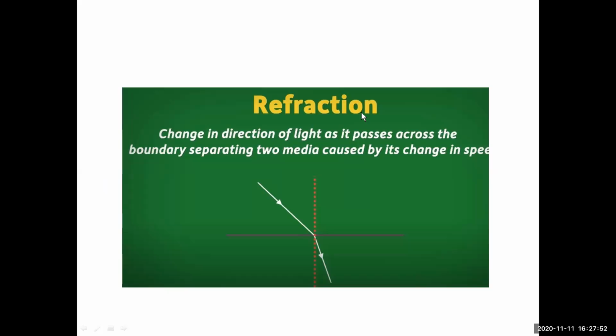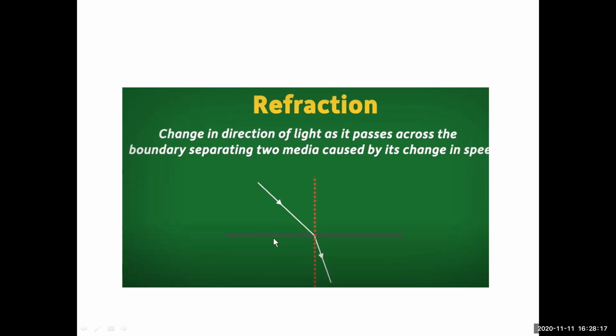Now what is refraction? Refraction is the change in the direction of the light as it passes across the boundary separating two media, caused by its change in speed. Okay students, now this black line refers to the boundary separating the two media. Either it may be air, water or glass.